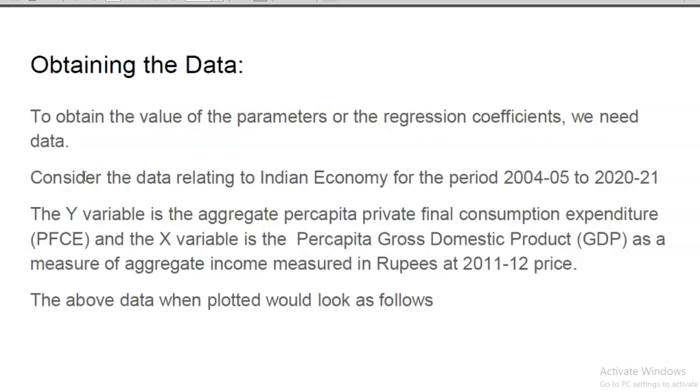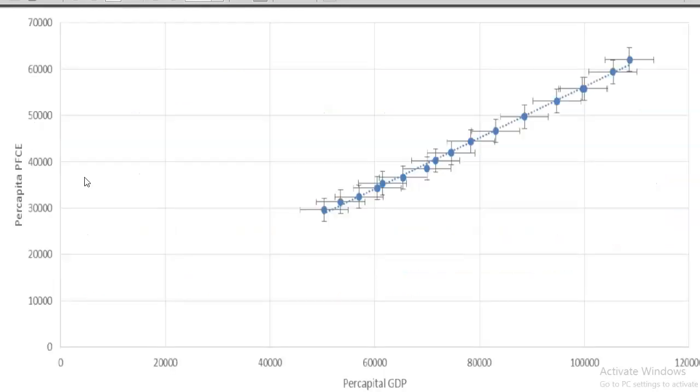Okay, then once we frame the model, we go in for obtaining the data. As I told you, I have taken the aggregate per capita private final consumption expenditure and per capita GDP as measured in this particular period. When we plot, this is how the data is plotted.